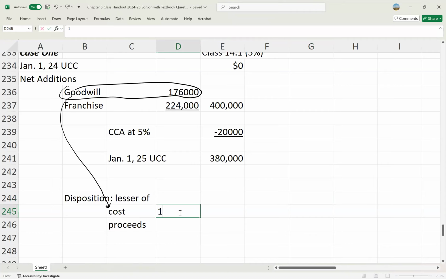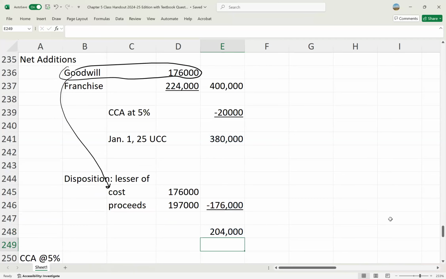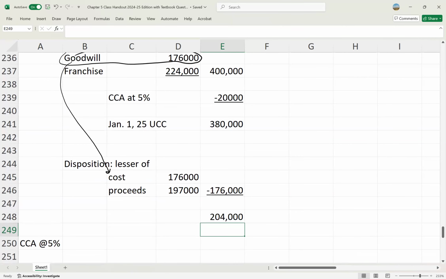So that's what we're going to use as the cost. The proceeds was 197. So the lesser of the two is going to be the 176. And so that's going to give us a balance of 204,000.